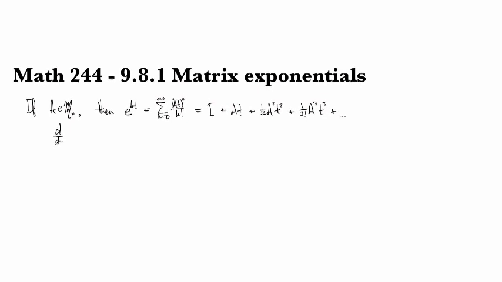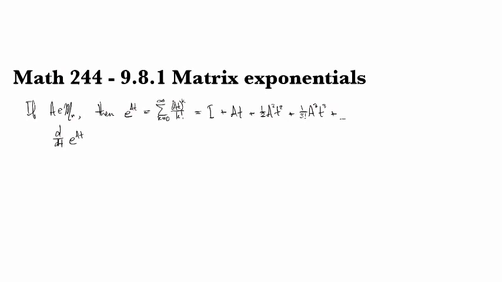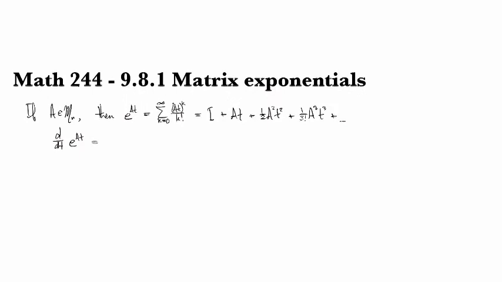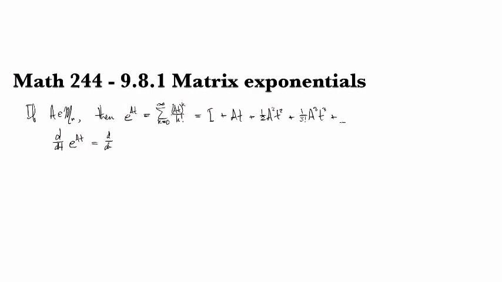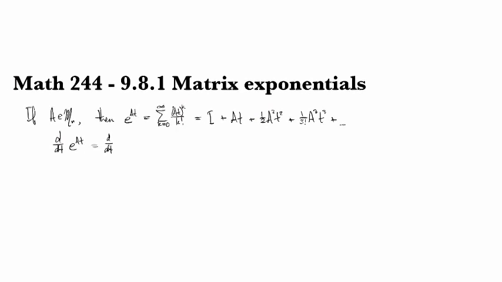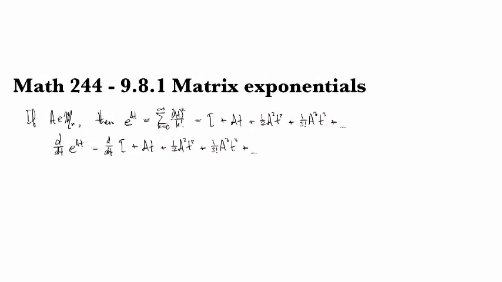So now look what happens when we apply the derivative to this matrix exponential. So we've got d/dt, and I'm just going to grab this whole schmear from the previous line and stick it right here.